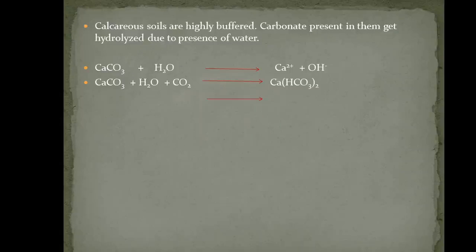Next, CaCO3 plus water molecule, that means H2O plus CO2, gives Ca(HCO3)2. Ca(HCO3)2 gives Ca2+ plus 2HCO3-.